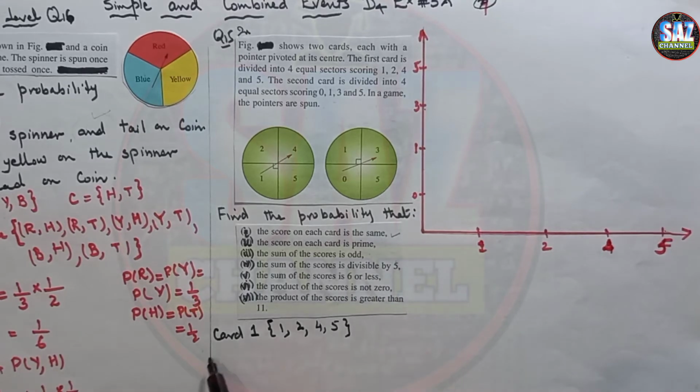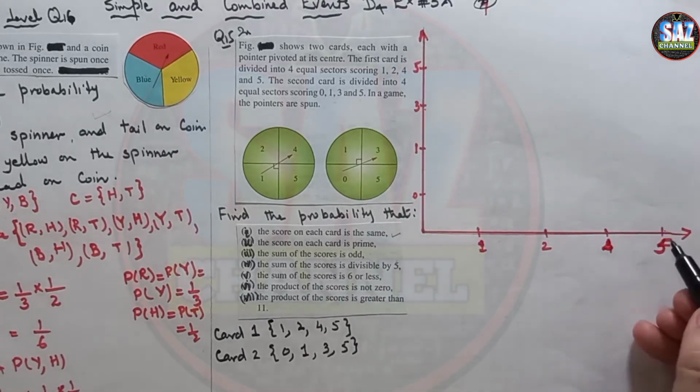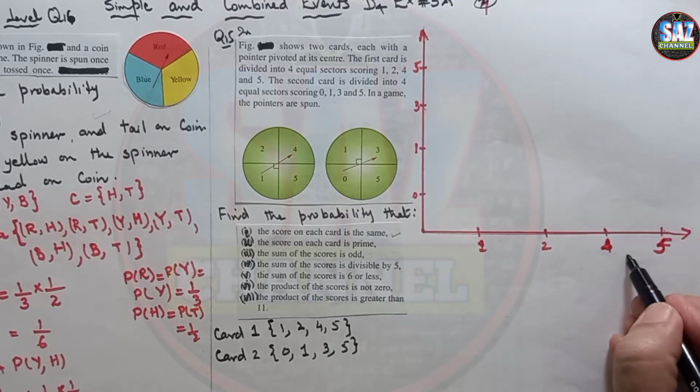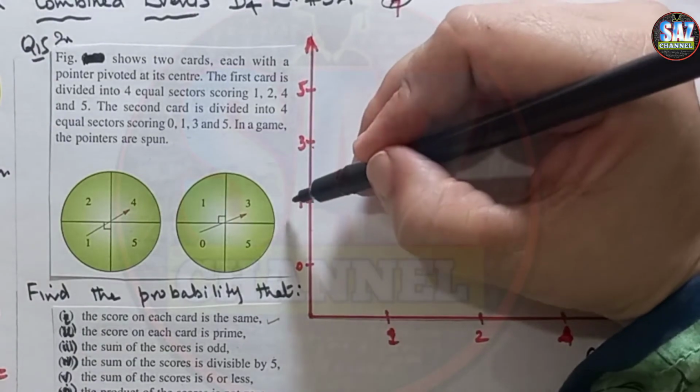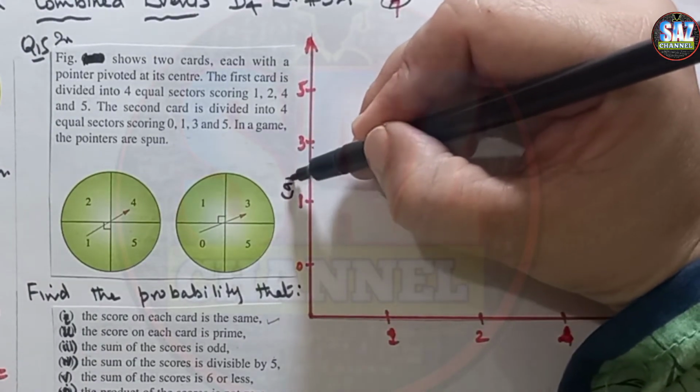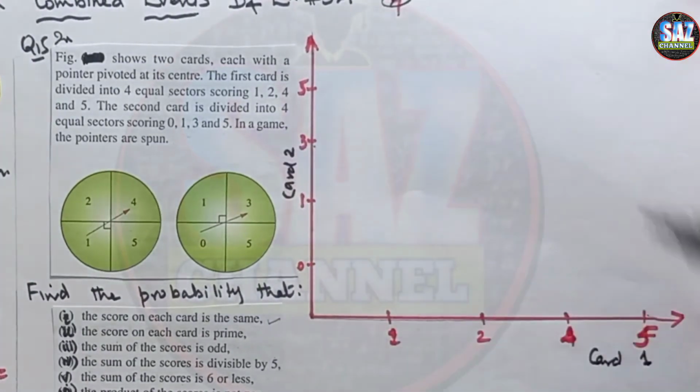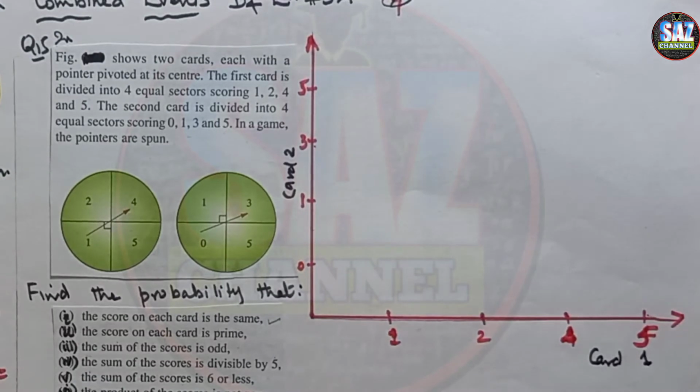And card 2 has outcomes 0, 1, 3 and 5. So let's construct the possibility diagram. This is card 1 and this is card 2. Okay, now let's construct the possibility diagram.